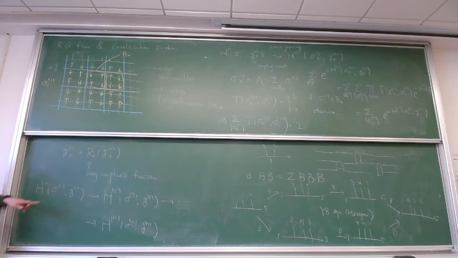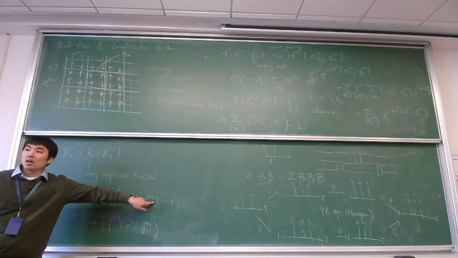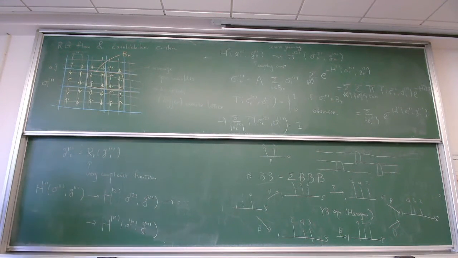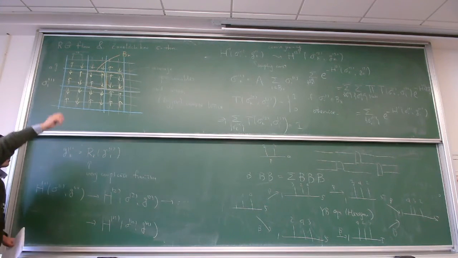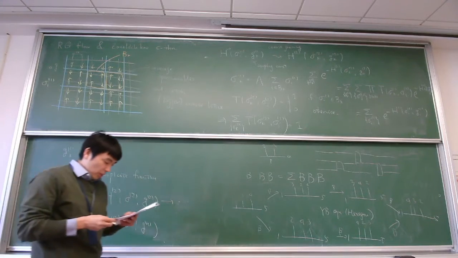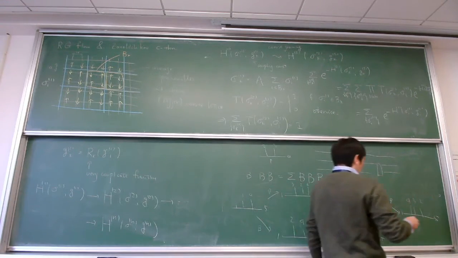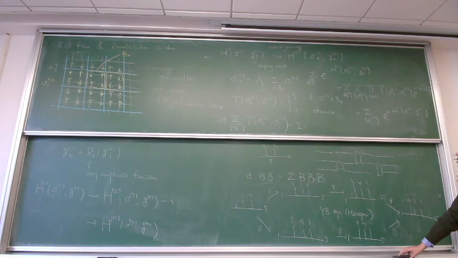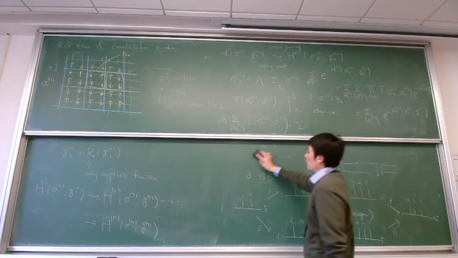Therefore, the coupling constant G will change as you keep doing a cross gradient. That's called the renormalization group trajectory. That's the idea of renormalization group flow.